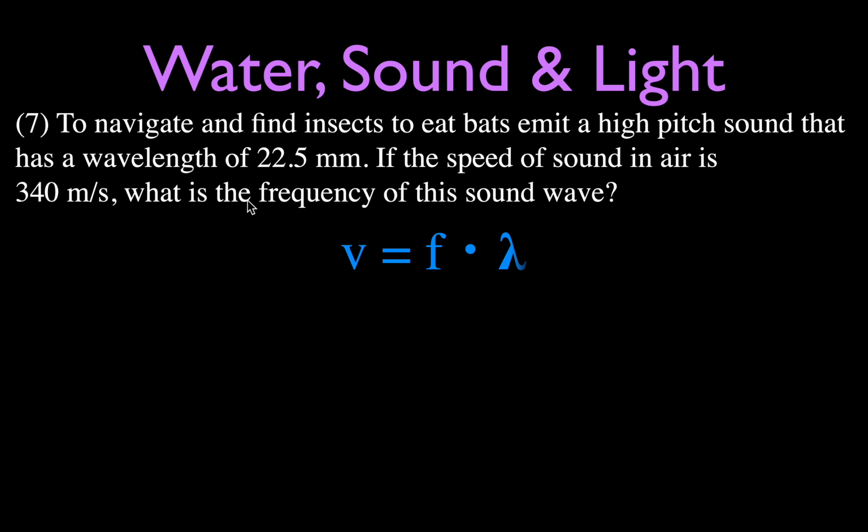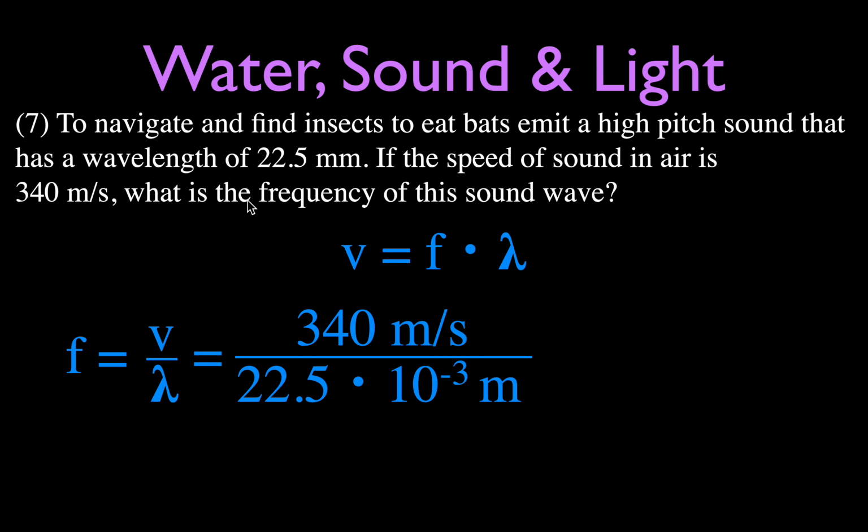Okay, so we're going to start with the same equation. Velocity is the frequency times the wavelength. We want to solve for the frequency. Now we're going to divide both sides by the wavelength. And that means the frequency is the velocity divided by the wavelength. The velocity is 340 meters per second. The wavelength is 22.5 millimeters, so I put times 10 to the minus 3 meters.